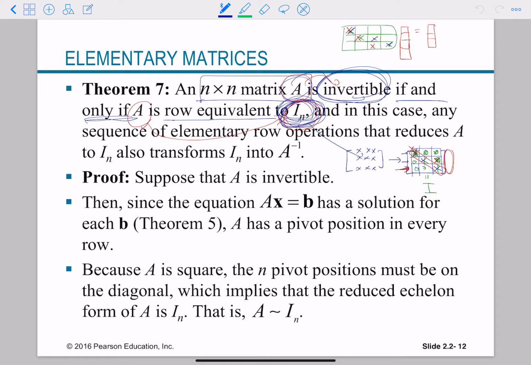We didn't do the formal proof, but I think I gave you sufficient intuition. If this matrix is row equivalent to the identity matrix, it means we have pivots in every row and every column, by the pattern of the identity matrix.